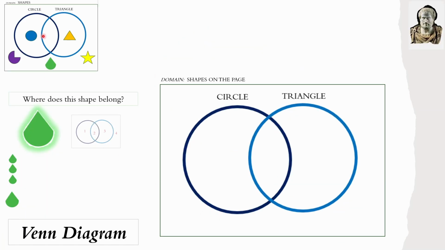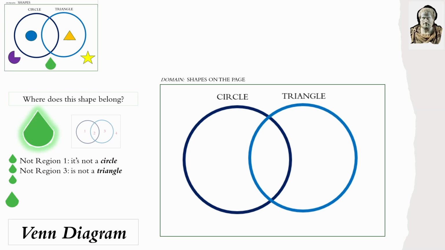Okay, so now we have our Venn diagram set up where we can see where all the shapes belong. A shape like this is a little bit triangular and has a little bit of circle features, but it does not belong in region 1 because it's not a real circle.